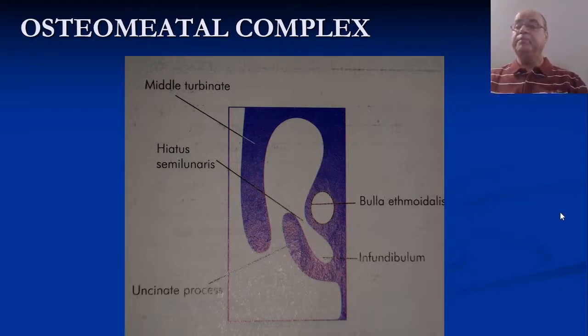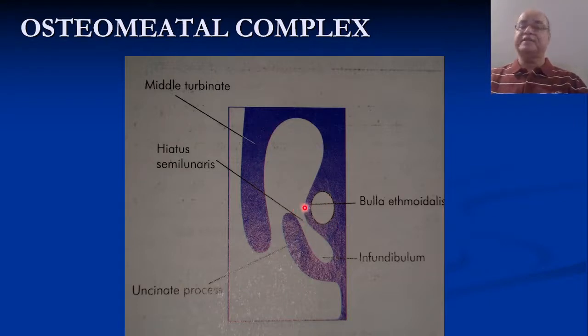The infundibulum is an air containing space that is bounded medially and below by the uncinate process. The lamina papyracea is here laterally, and here should be the orbit, and posteriorly is the bulla ethmoidalis.